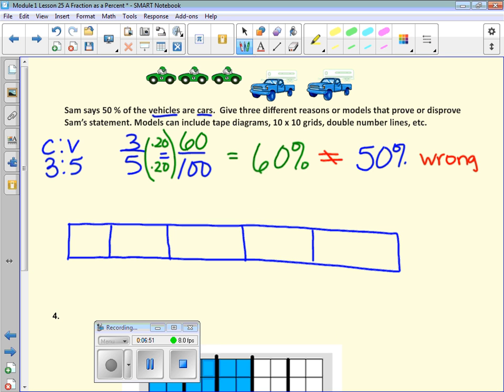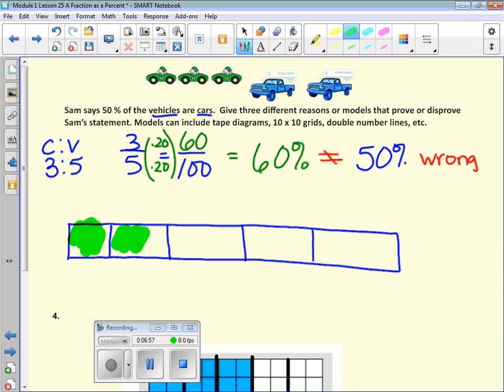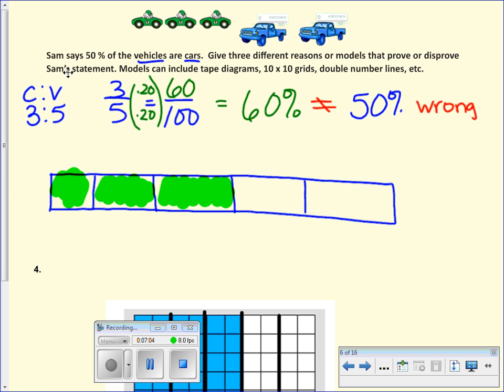How many of those 5, I'll use green because they're green cars. 1, 2, 3. So 3 of the 5 are cars. And then if we wanted to label these as trucks, we can.